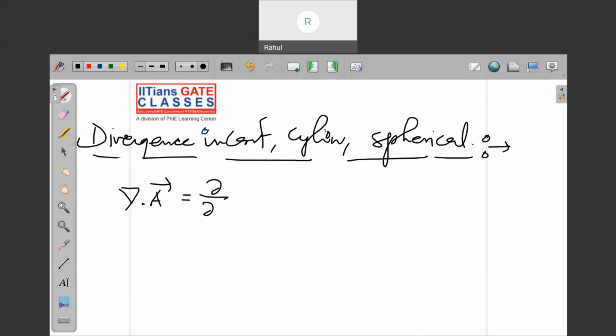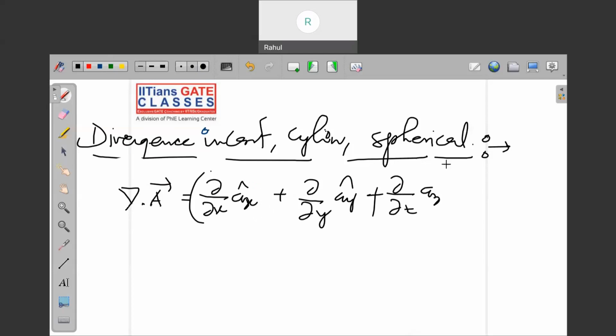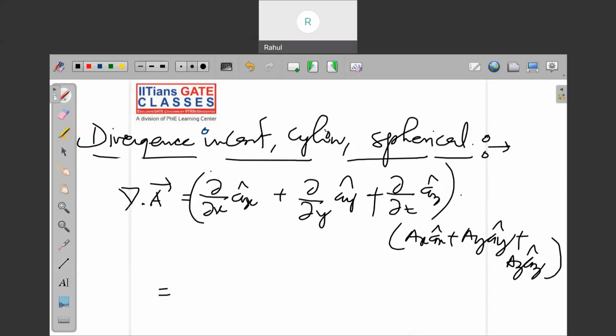We can write dou by dou x ax cap plus dou by dou y ay cap plus dou by dou z az cap, dot product with a vector A. What is vector A? Ax component along ax cap, Ay component along ay cap, Az component along az cap. Take the dot product, so you will get dou Ax.